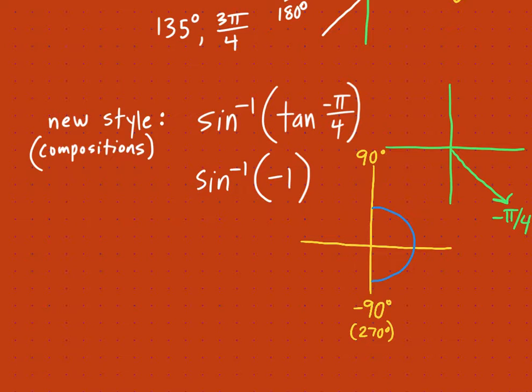But in order to have a continuous 180 degrees, we back up to negative 90. So, out of all those numbers, negative 90 to positive 90, where is my height equal to negative 1? Negative 90, good. Negative 90, or negative pi over 2 if we're talking about radians.